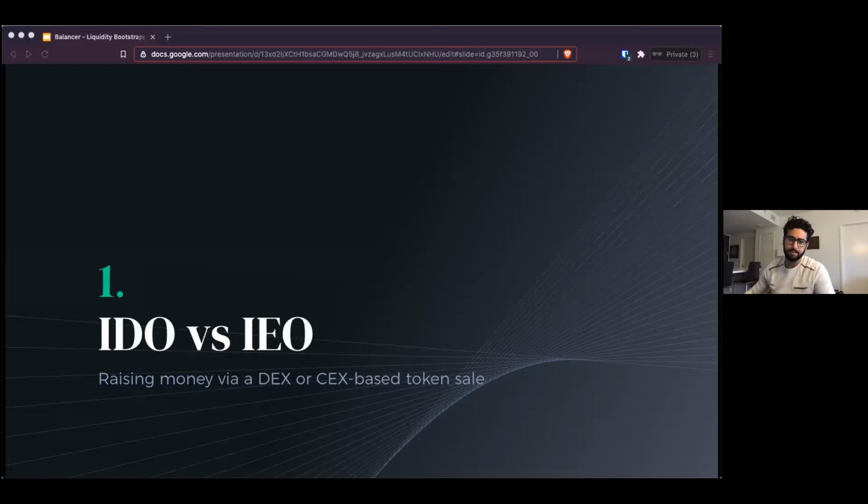So the first question you might ask yourself is whether to do an IDO or an IEO, which means raising money via decentralized exchange or a centralized exchange.